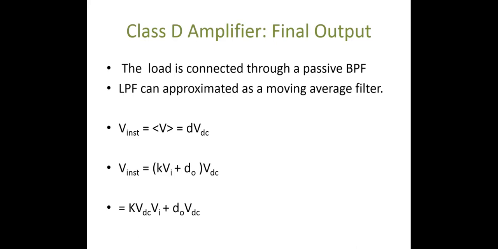So now the instantaneous voltage will be equal to the moving average of V naught, and that will be equal to duty cycle times VDC, because V naught is equal to VDC from t equal to 0 to t equal to T on, and it's equal to 0 from T on to capital T. So when you take the average of V naught over 1 PWM cycle, the average value will be equal to D times VDC.